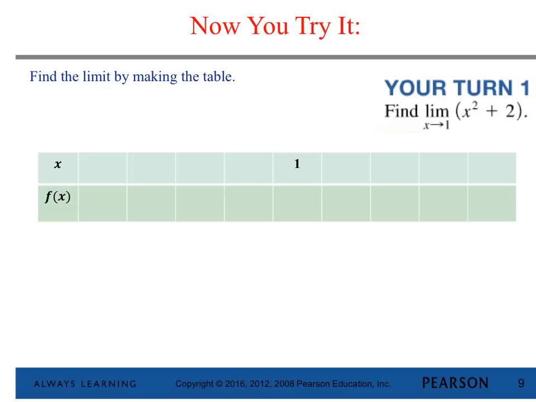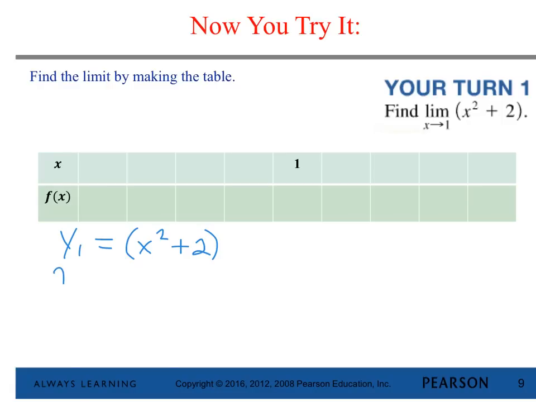On this one, what I want you to do is go to your Y1 on your calculator, and enter in x squared plus 2 with or without parentheses. You don't have to have the parentheses, but enter that in at Y1.